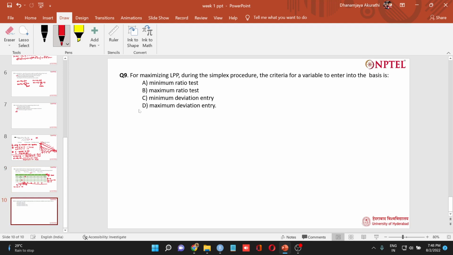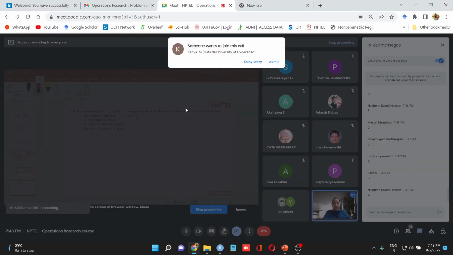So for this problem, the maximum deviation entry is the criterion to enter a variable into the basis. The minimum ratio test is for the leaving variable. For a leaving variable, we need the criterion of the minimum ratio test. There is no meaning to a maximum ratio test or minimum deviation.